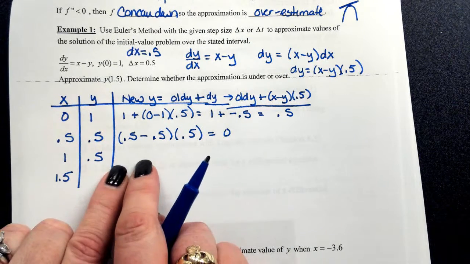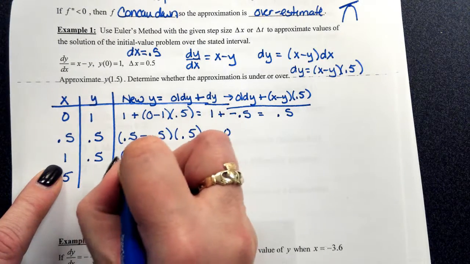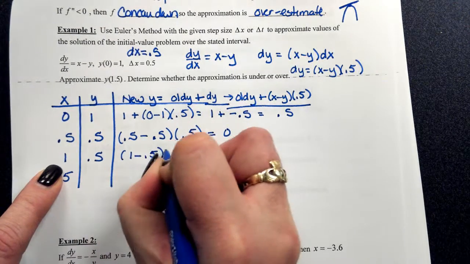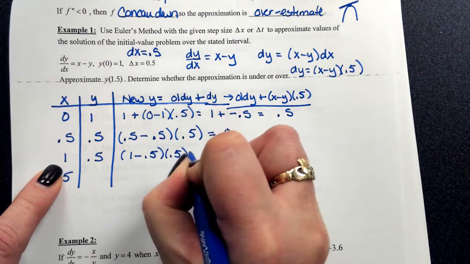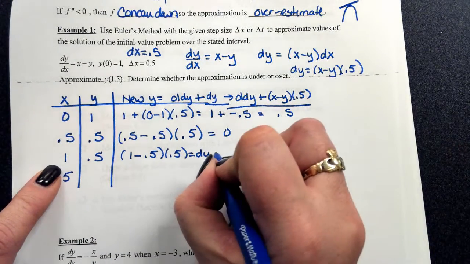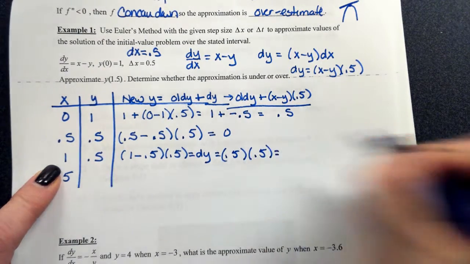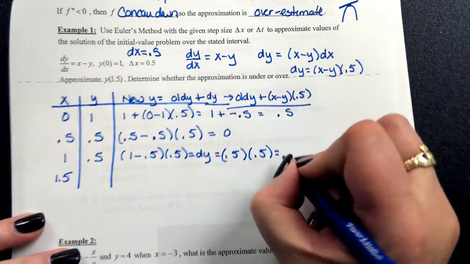So now I need to calculate my next change in y. It's going to be x minus y, so 1 minus 0.5, times my change in x, which is 0.5. This is my dy. So I have 0.5 times 0.5, which gives me 0.25.